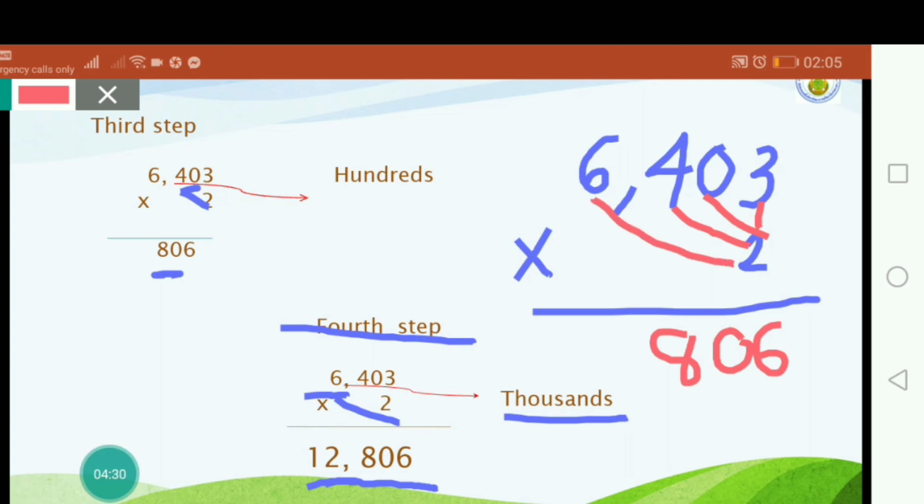Next is 6 times 2 is equal to 12. And don't forget to write the comma: 1, 2, 3, comma. Again, our answer or our product in this problem is 12,806.